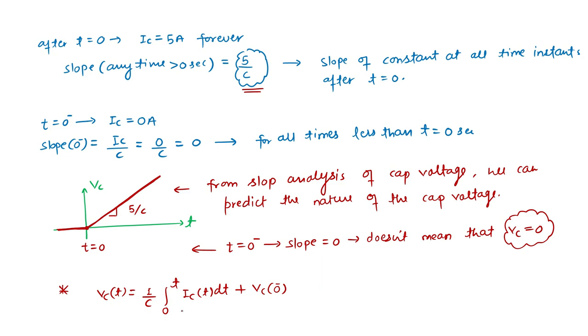For time less than 0, the integration has the current term to be 0, so this is coming to 0. But as we are integrating from 0 to t, before that no current is there, so it depends only on the initial value, which is 0 volt. I consider that the capacitor is uncharged.